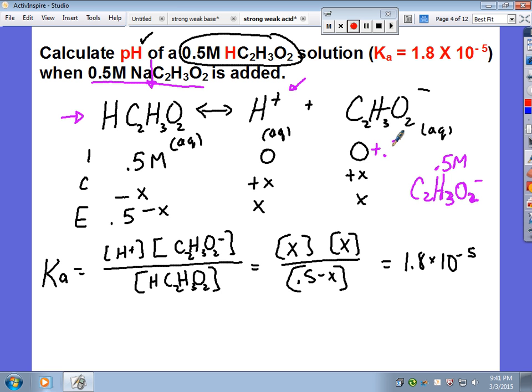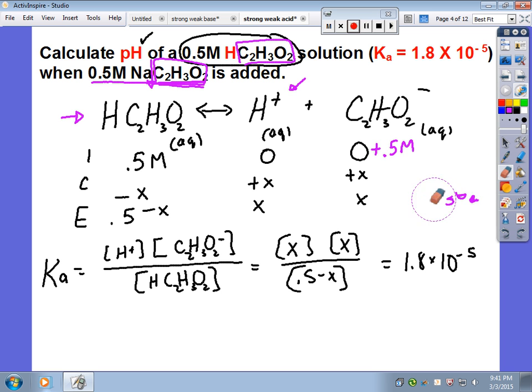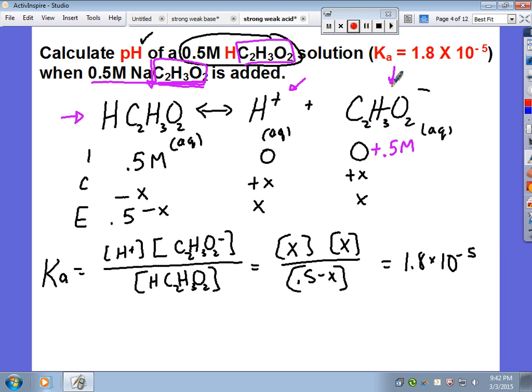So I'm going to put this 0.5 molar here. Why? Where'd the 0.5 molar come from? It came from my salt. That's my common ion, isn't it? And what happens? What does Le Chatelier tell us? If we increase the concentration in an equilibrium expression, isn't it going to shove the equilibrium in that direction?